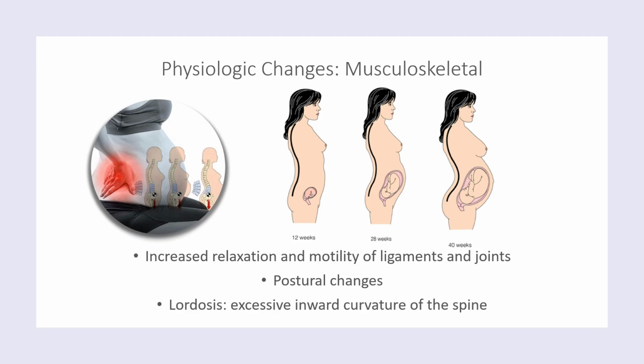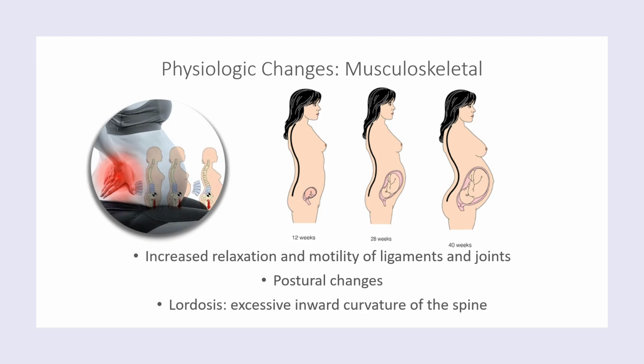As she grows, you can see the spine changes and causes lordosis, which is this excessive inward curvature of the spine. Especially towards the end of pregnancy, you'll see a higher lordosis because of the balance of the physical structure.